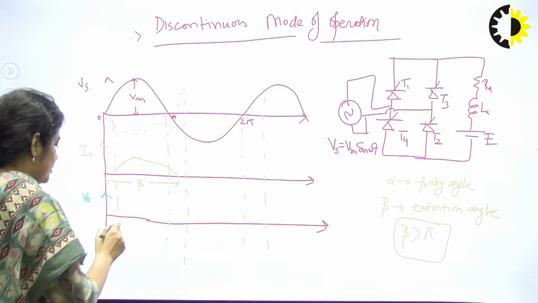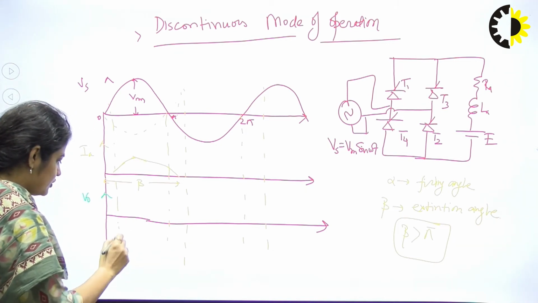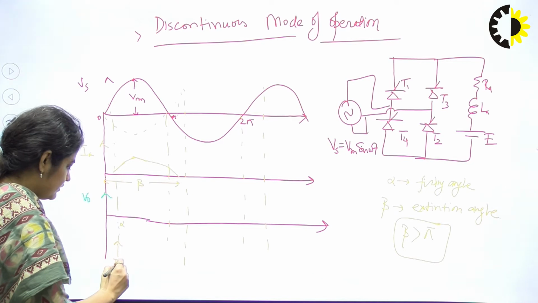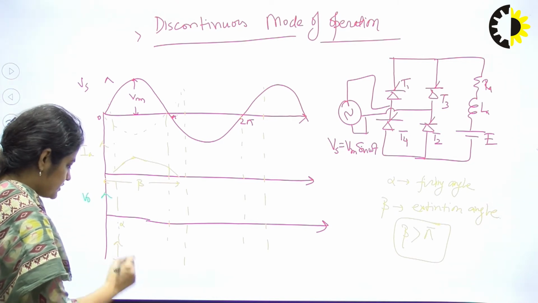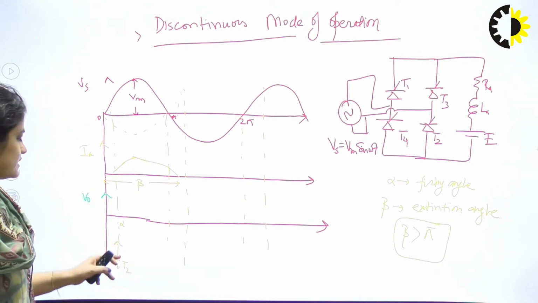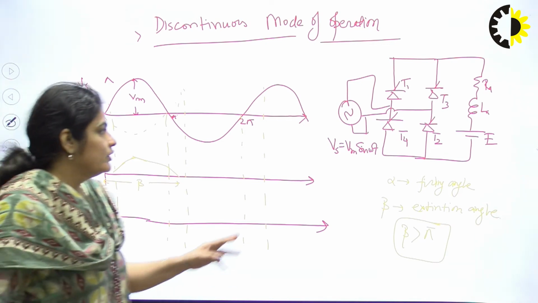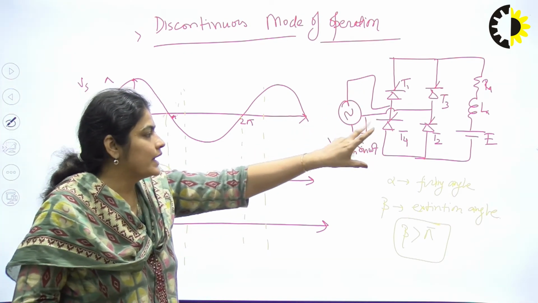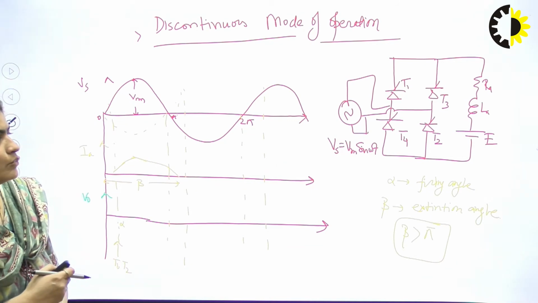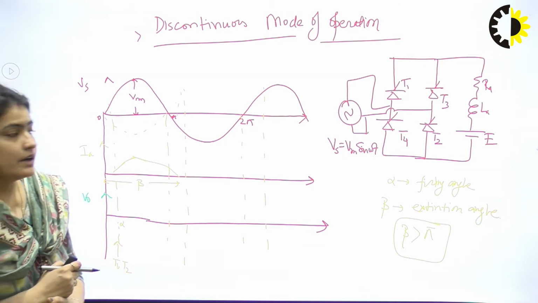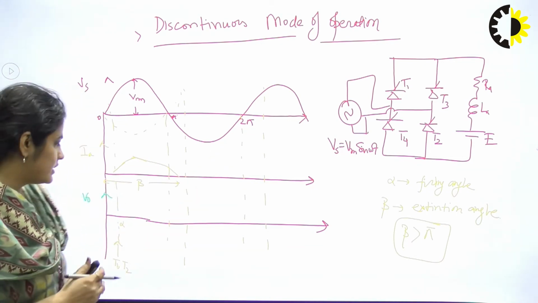Now from here, at the instant of alpha, T1 and T2 become forward biased, in forward conduction mode. So the current will flow through T1 and T2 and the voltage across the motor is equal to Vs, right?